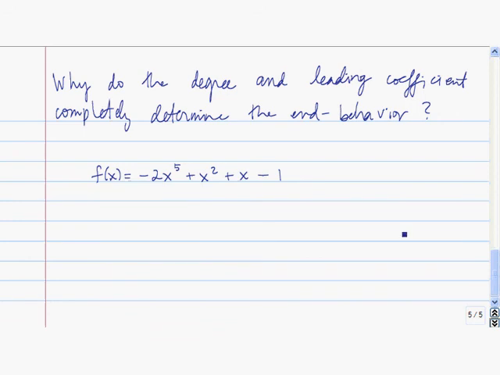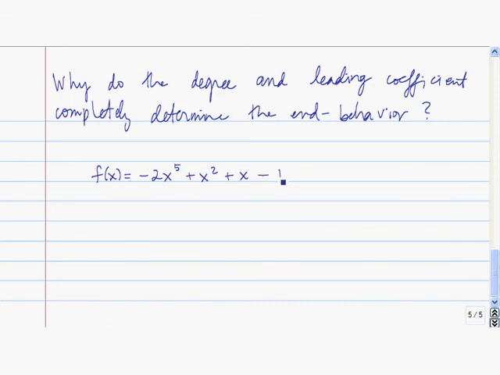And so what that means is that they're very large in magnitude. So if you take one of those super huge numbers and raise it to the 5th power, there's going to be a big difference between that and, say, raising that super huge number to the 2nd power, and then to the 1st power, and then subtracting 1 from it.